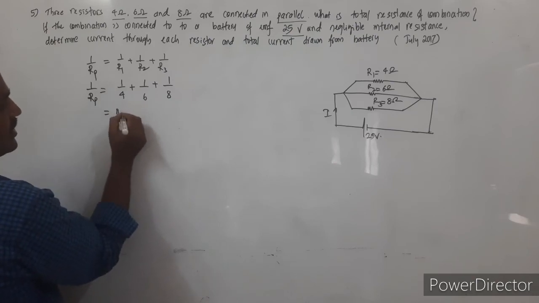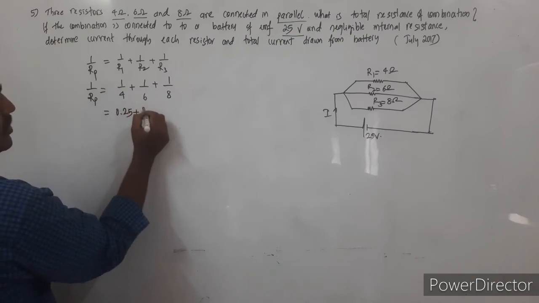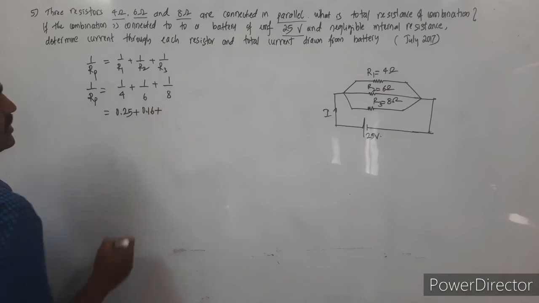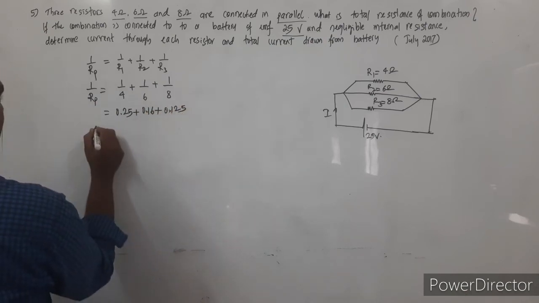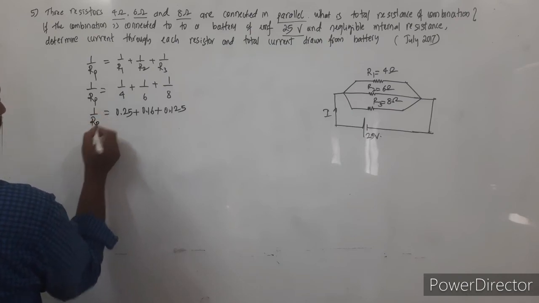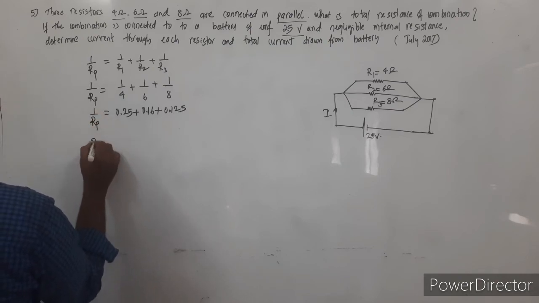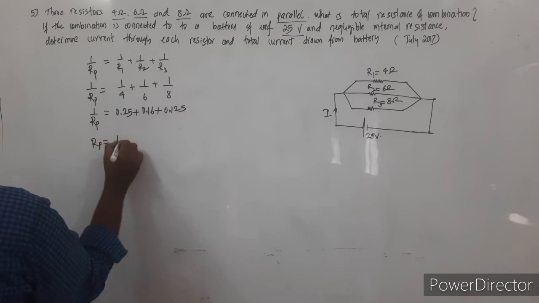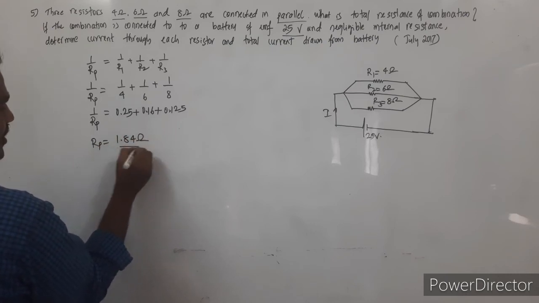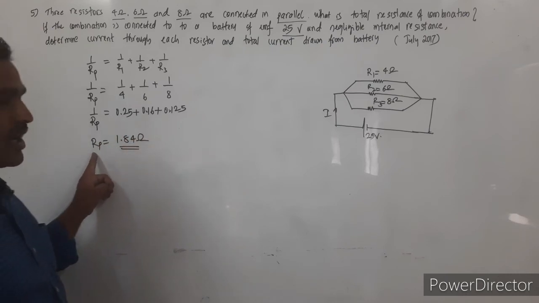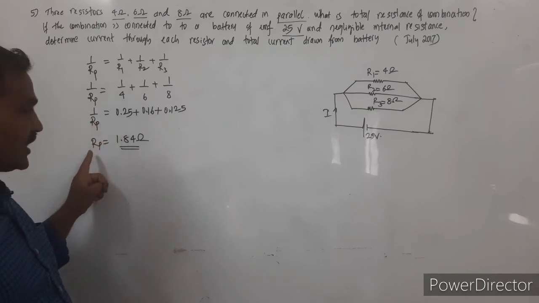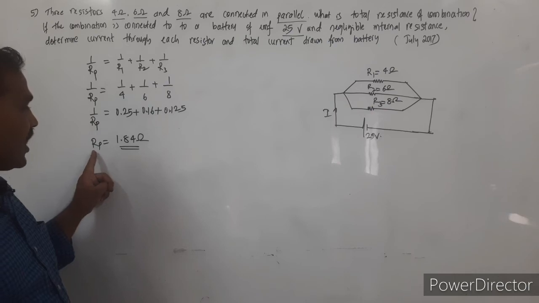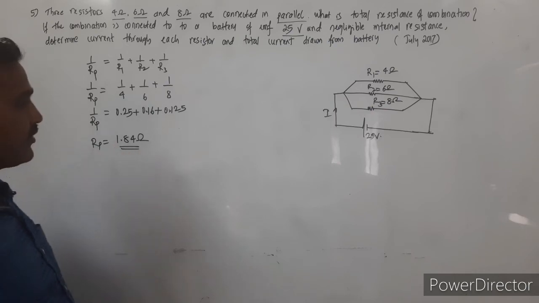So this we can write as 0.25 plus 0.16 plus 0.125. After simplification, actually this is 1 by Rp, I have to invert that. After doing that I get the value of Rp is equal to 1.84 ohms.